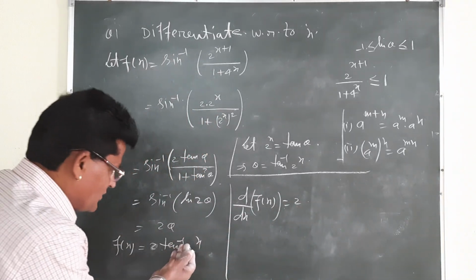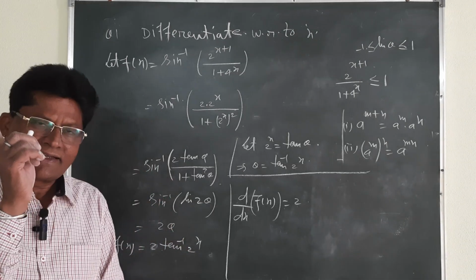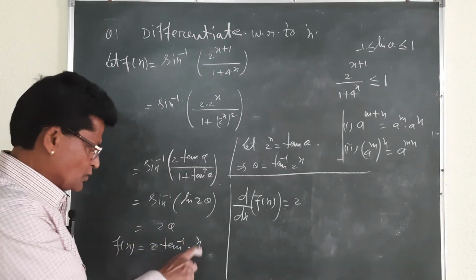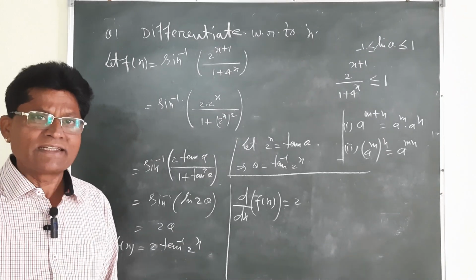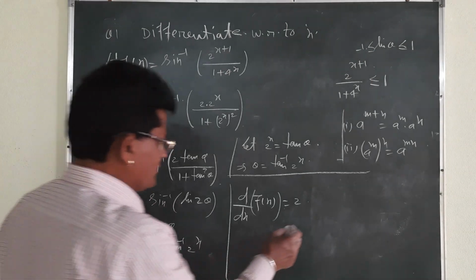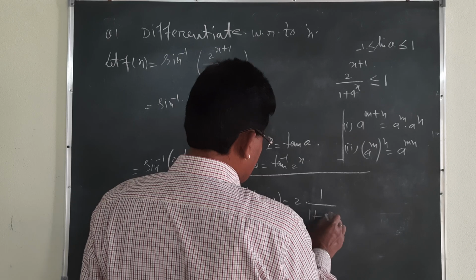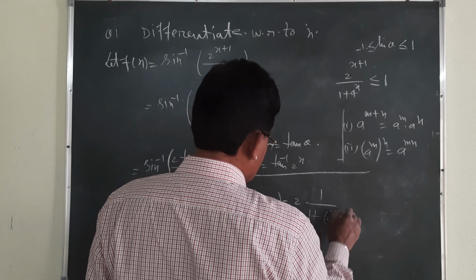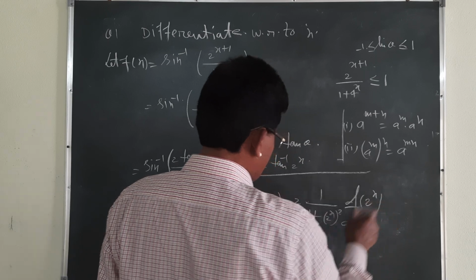There are two functions. Once again we got two functions. Tan inverse x is one function, and 2 to the power x is another function. That is why you must use the chain rule. Then first of all, what is the differentiation of tan inverse x? 1 upon 1 plus x square. X square means 2 to the power x whole square. And you differentiate once again 2 to the power x.